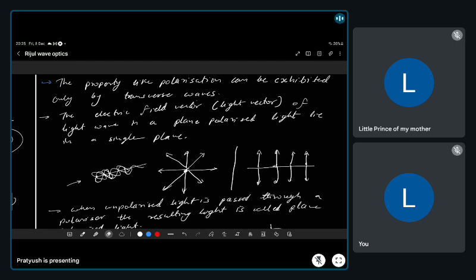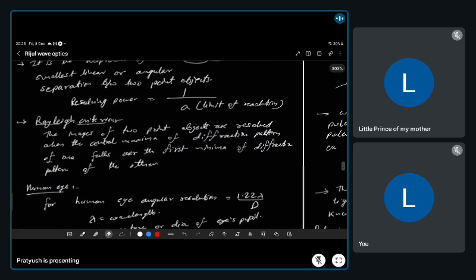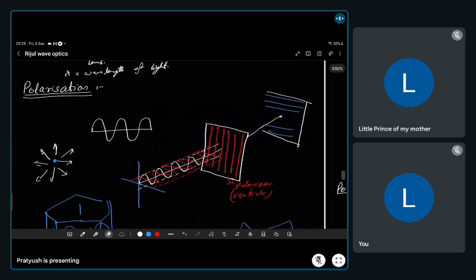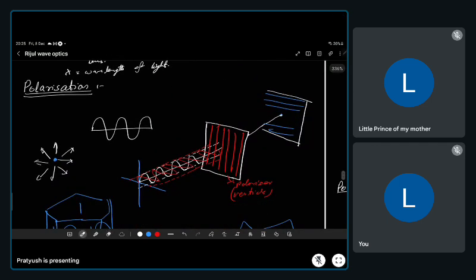It means two things. Light coming from the sky, blue light, is plane polarized light. Plane polarized light means whatever blue light we are seeing, that blue light is in the same plane. Like this is the sky, this is the blue light.